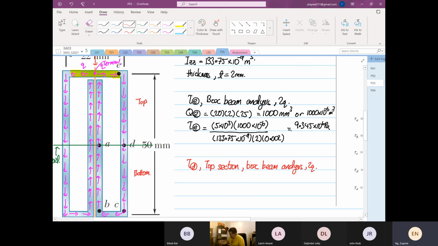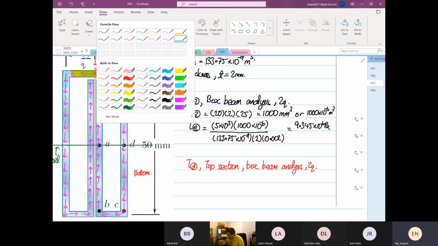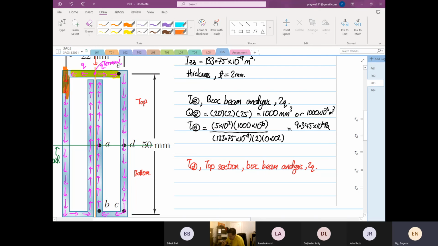Again, 2Q. Now the area we have to consider is not just the yellow, but also the part I'm shading. Can you see the part I'm shading? No, you can't see at all. So we are also going to look at this part.